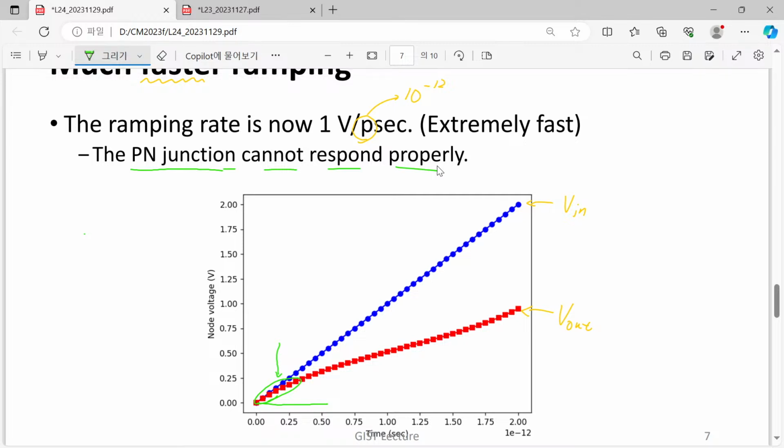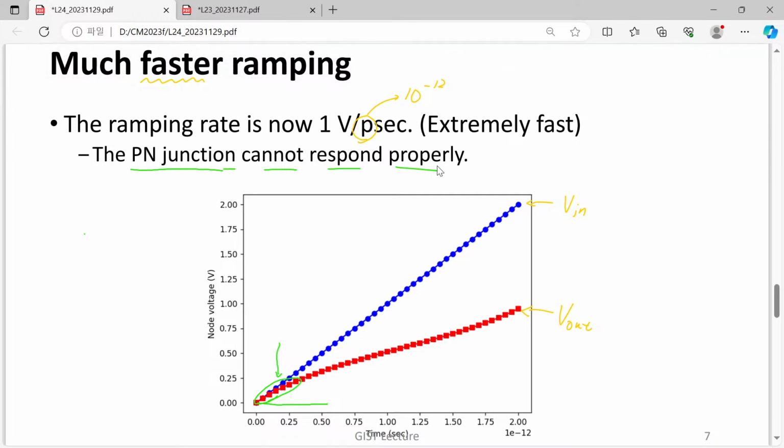In order to have the proper response of our PN junction, our electrons and holes should be redistributed corresponding to the applied bias. However, our electrons and holes take some time to rearrange.